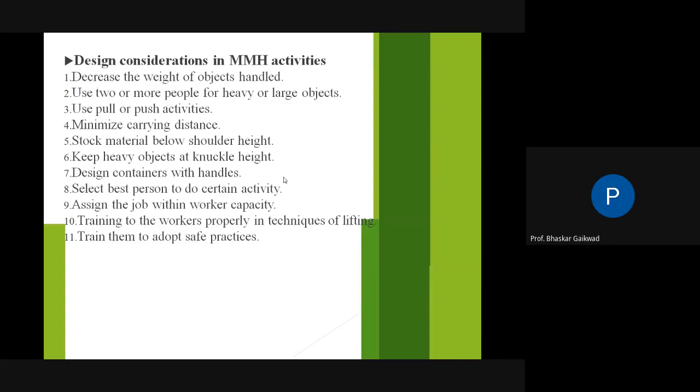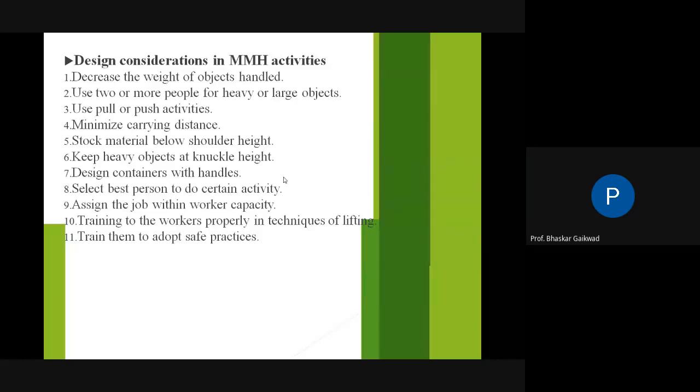Stock material below the shoulder height. If we put that load on the shoulders, stress will develop, so as far as possible we handle this material below the shoulder. Keep heavy objects at knuckle height. If the object or job is very heavy, it should be below our knuckle joint.